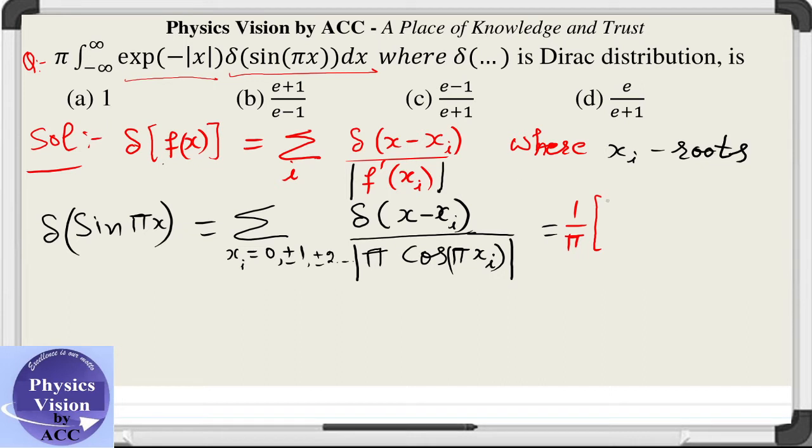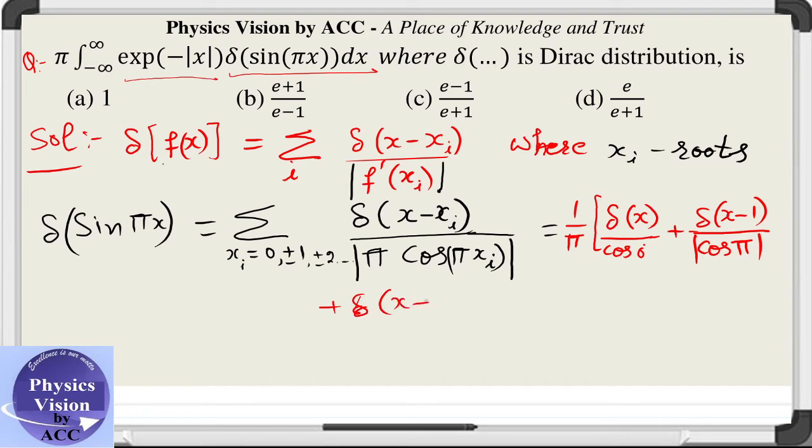It is delta of x divided by mod of cos of 0, where I have put the value of xi as 0, plus delta of x minus 1 divided by mod of cos of pi, next delta of x plus 1 and mod of cos of minus pi.